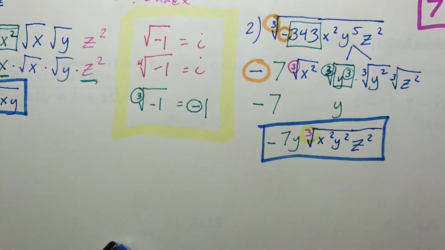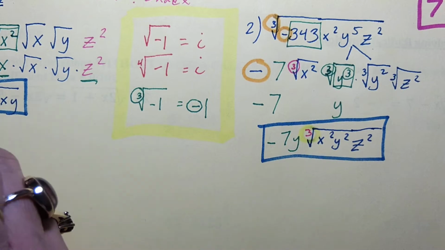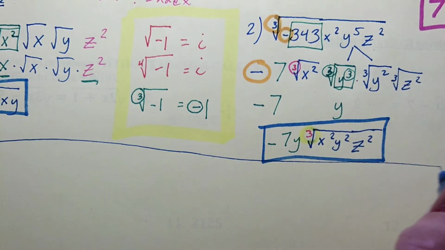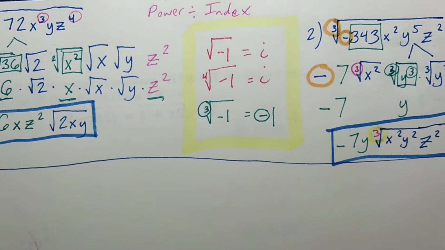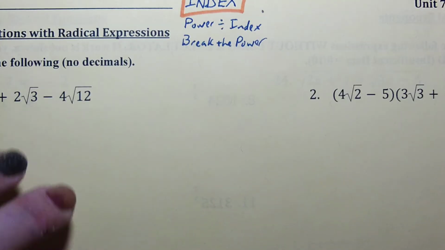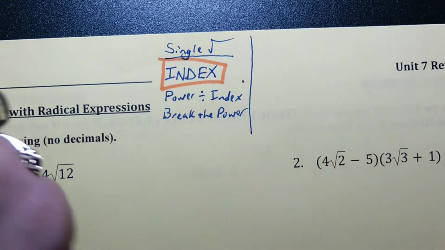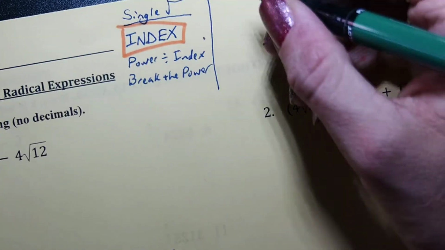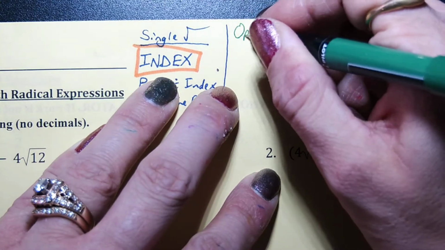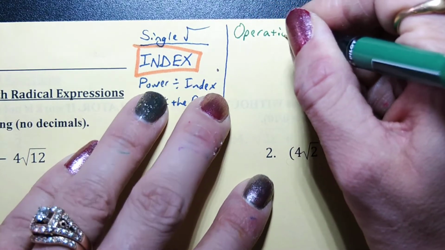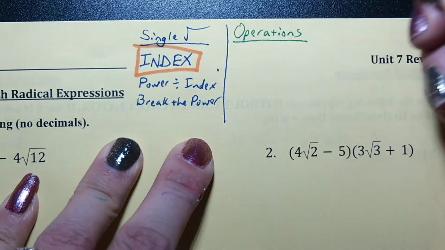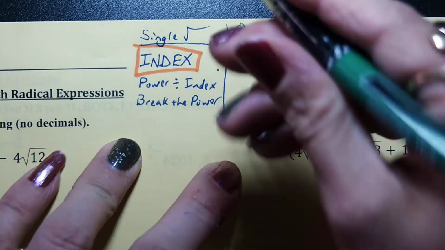So let's go ahead and draw a line. And that concludes my little bit I wanted to do on single radicals. So now we're going to take it up a notch and talk about our radical operations. So flipping back to the first page, what operations do we have with radicals?